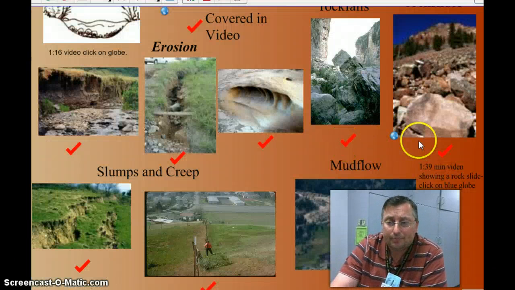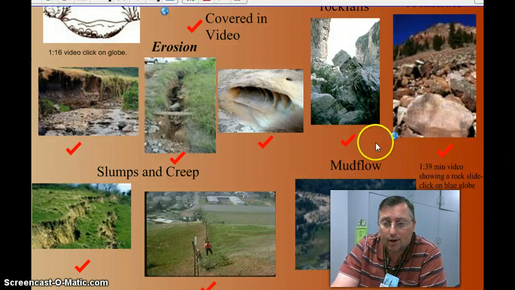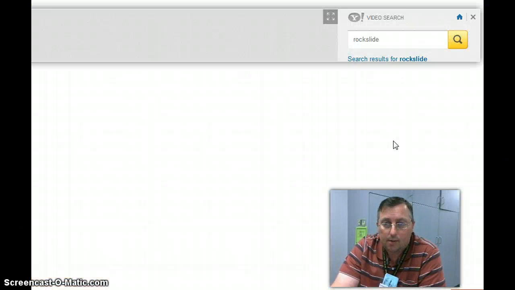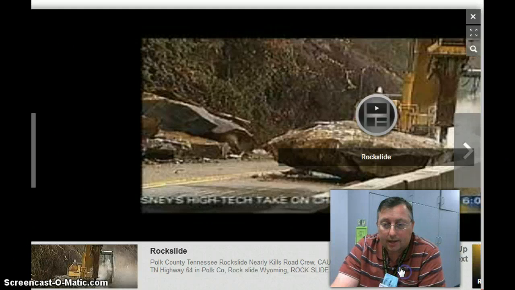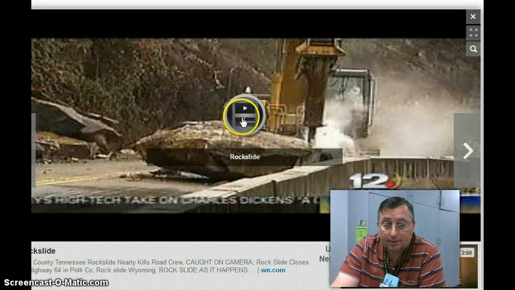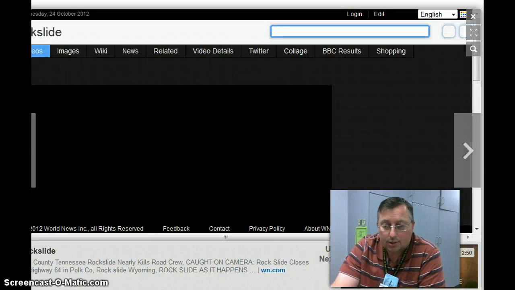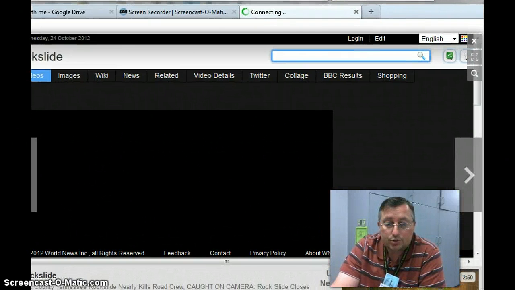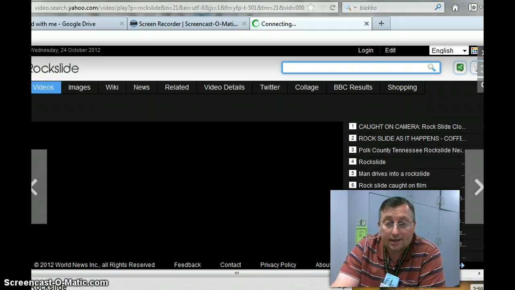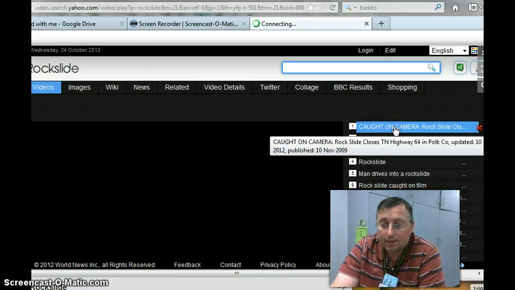And then this one right here goes a rock slide, and if we can get to that. Yeah, this one right here is very interesting. This one shows a rock slide, and I think it's this one right here.